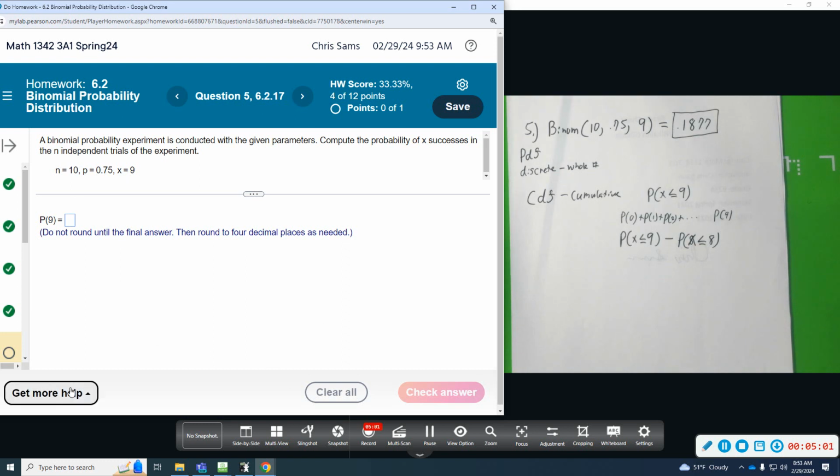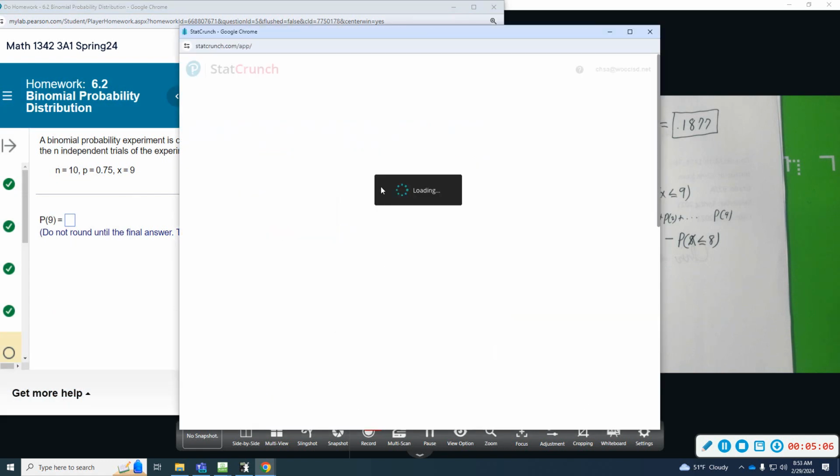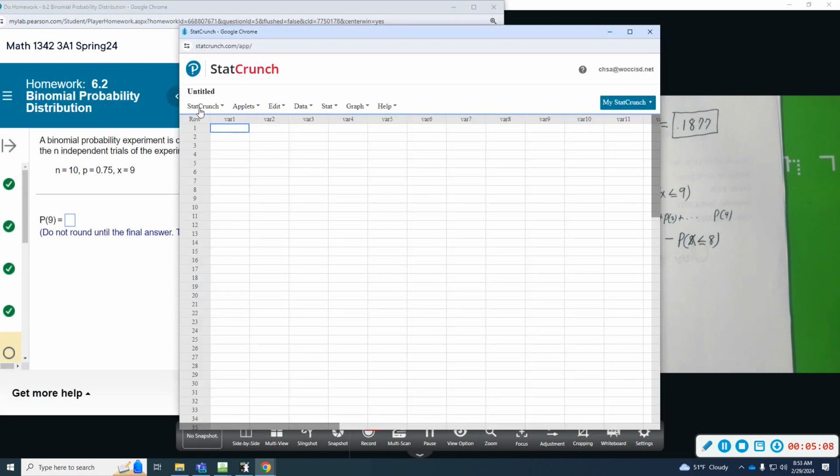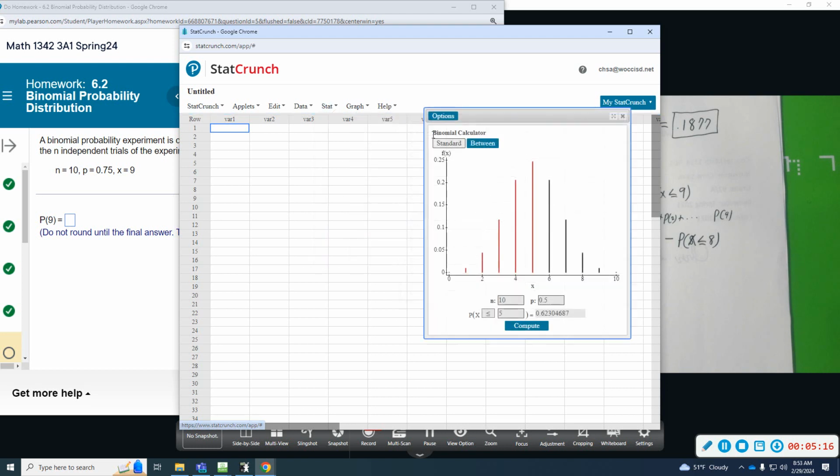So if I do StatCrunch, we get the StatCrunch calculator. We're going to go to Stat, then Calculators, Binomial. Down here we will put our information in. We have 10 trials, so we can leave that the same.